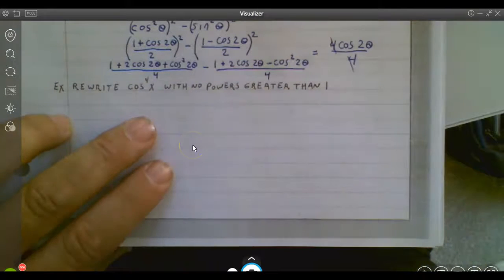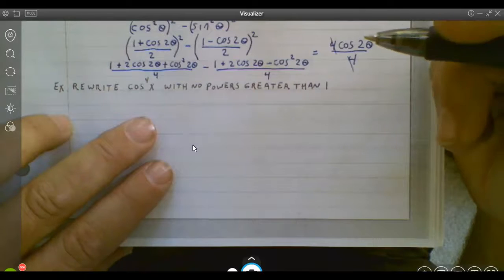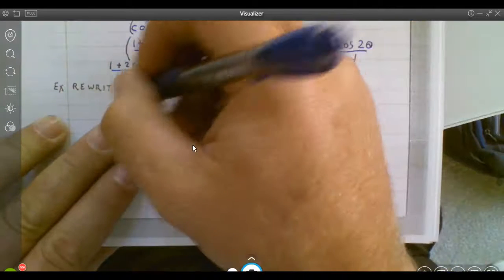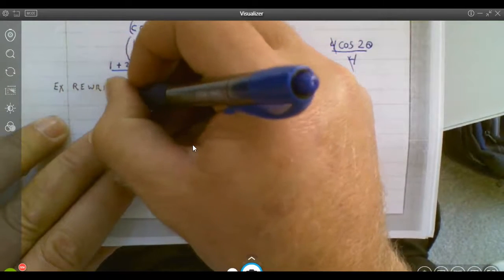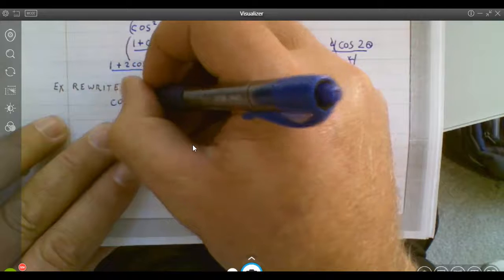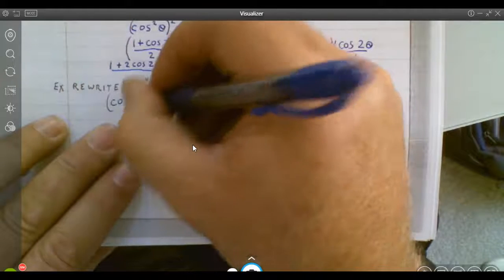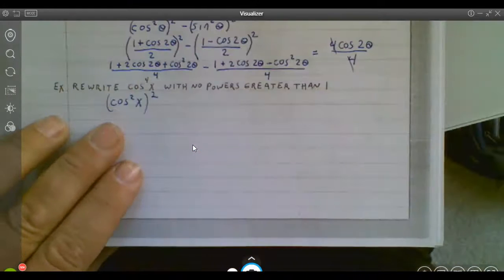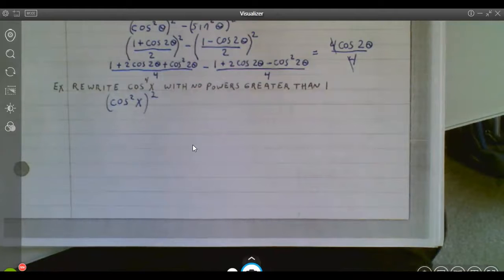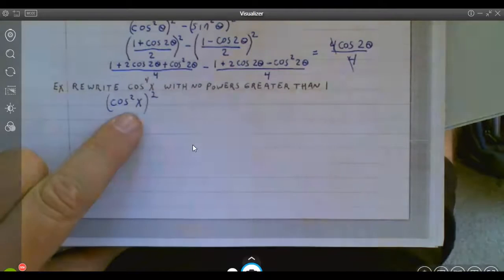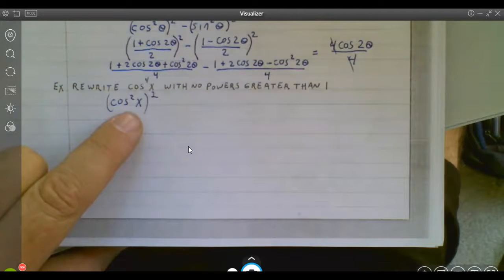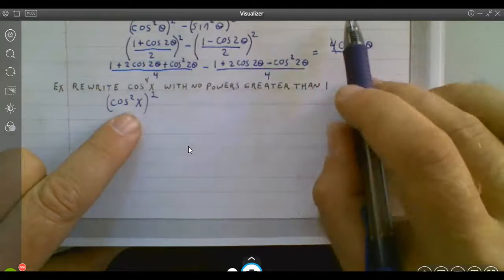So we'd start out with the same trick that we used from up above. Right, first of all, I want to see this as simply cosine squared of x squared. So that reduces me already down to just cosine squareds. We know that cosine squared of x can be reduced, as we saw right up here.